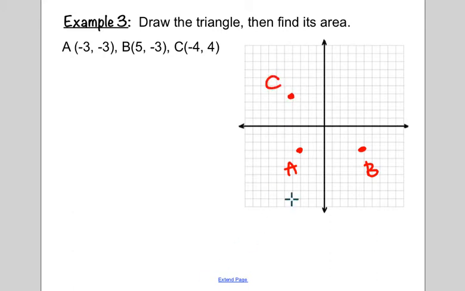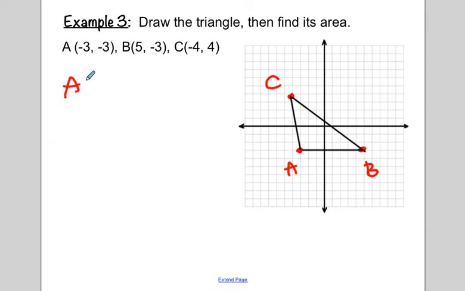Okay, then we go ahead and connect them. And then remember that the area of a triangle is 1/2 base times height.